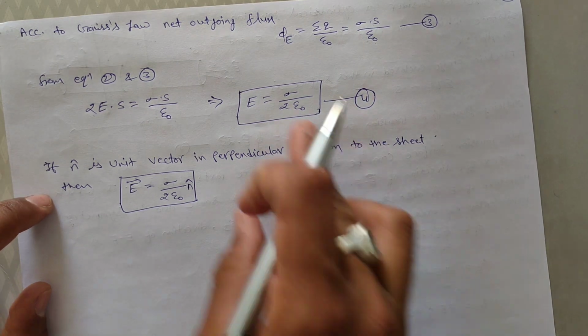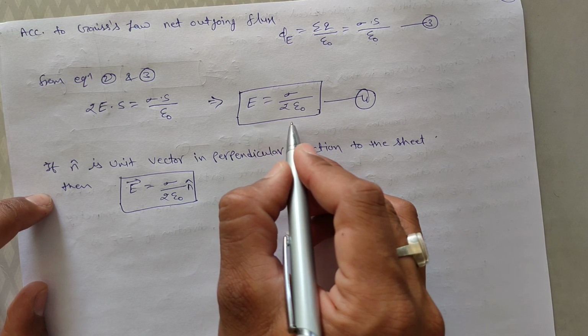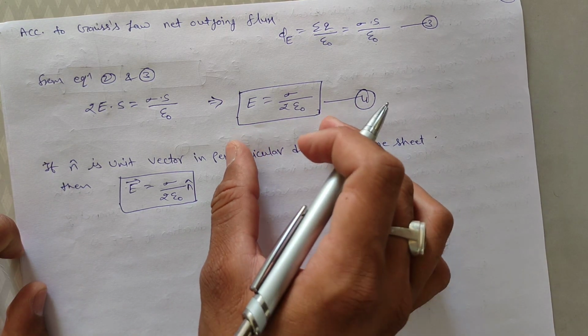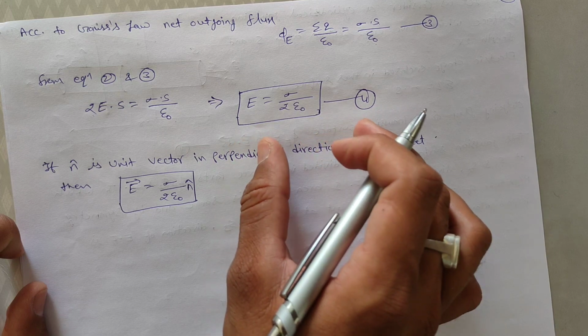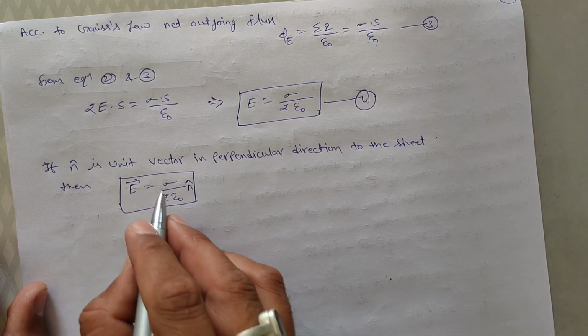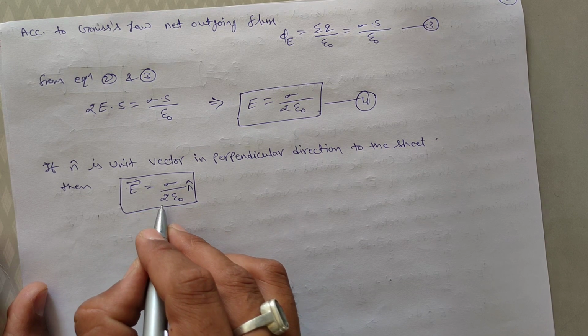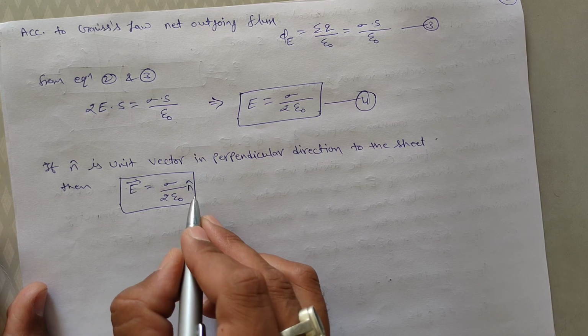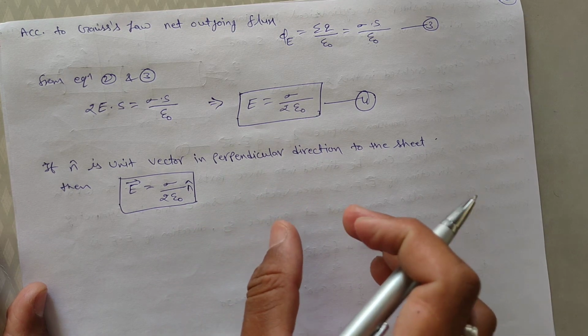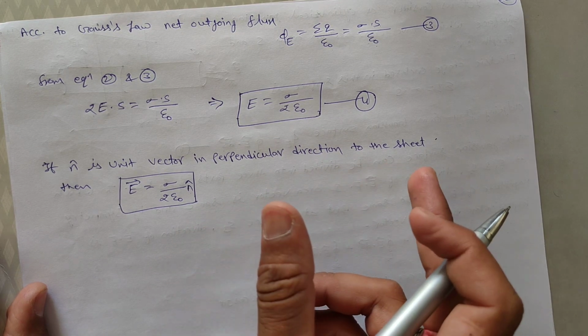This is the expression for the intensity of the electric field due to an infinite non-conducting sheet at any point. In vector form, E vector equals sigma upon 2 epsilon naught n cap, where n cap is the unit vector whose direction is perpendicular to the sheet.